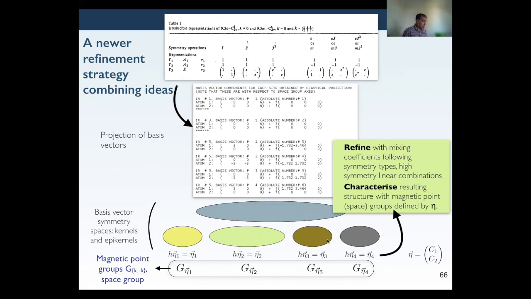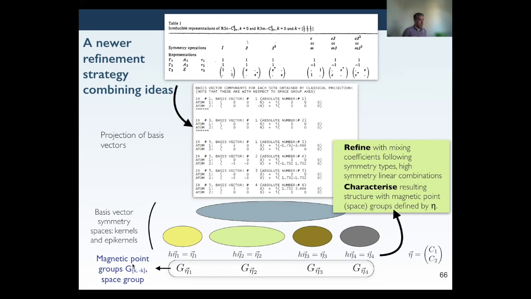So these would be isotropy groups, if you want to use that language, but we can just think of them as being higher symmetry spaces. We can stay within the description that we're using in terms of mixing coefficients, and we can define these spaces using those mixing coefficients, because that's what these eta vectors correspond to. And we can define the magnetic point groups directly from the symmetry operations that we have here at the top, and seeing which ones leave that vector invariant or turn it into minus eta.